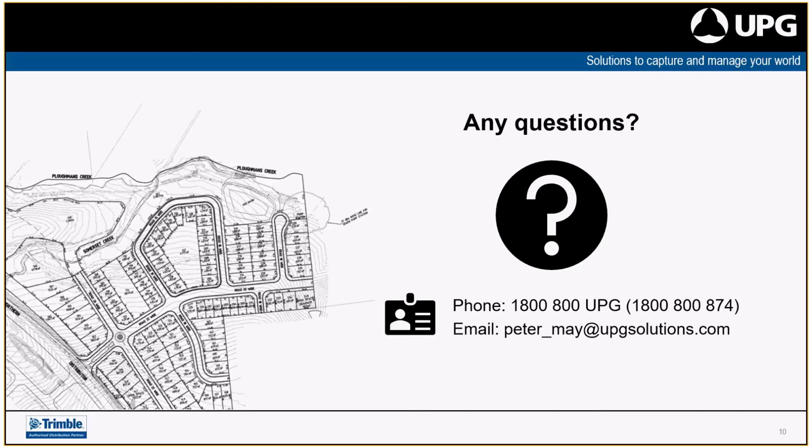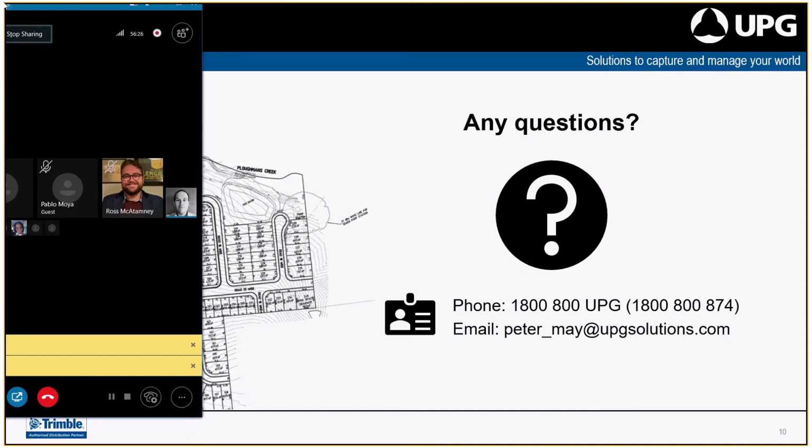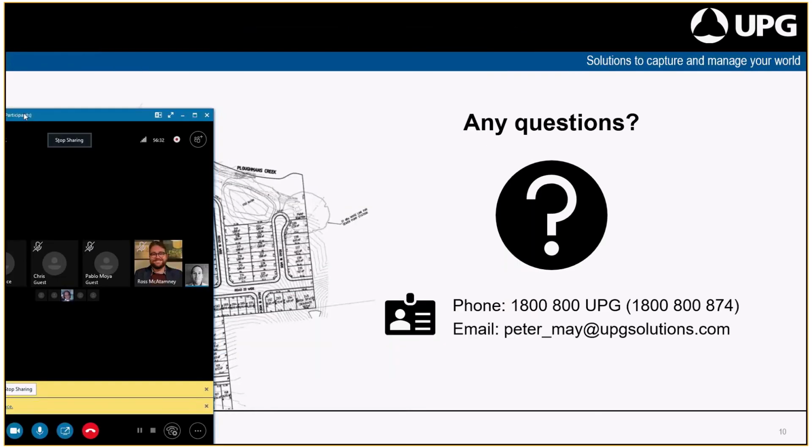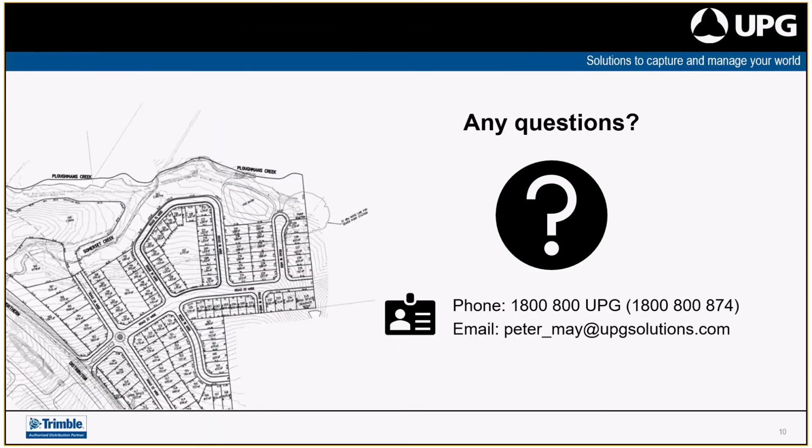All right, so everyone's unmuted, so if you wanted to have a chat, you can, or if you really want to, you can put a bit of an IM down in the pane. So if anybody wants to type away, they can. So if there's any questions, let us know. Details on the screen if you want to get in contact with us after to see if there's anything I can help you with.